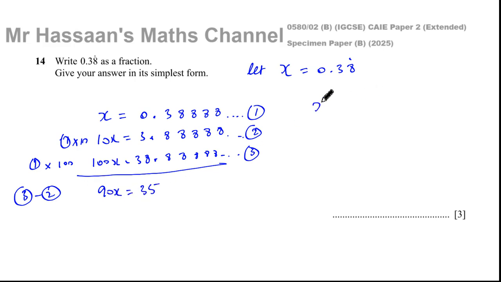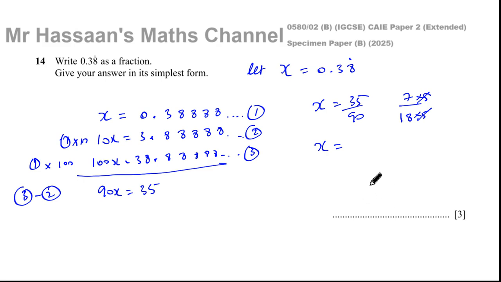So now we can say that x is equal to 35 divided by 90. We want to write it in the simplest form, so we see that the common factor in both of these is 5. 35 is 7 times 5, and 5 goes into 90, of course it does because it ends with 0. 5 goes into 9 one time, remainder 4, 5 goes into 40 eight times, so 18 times 5.